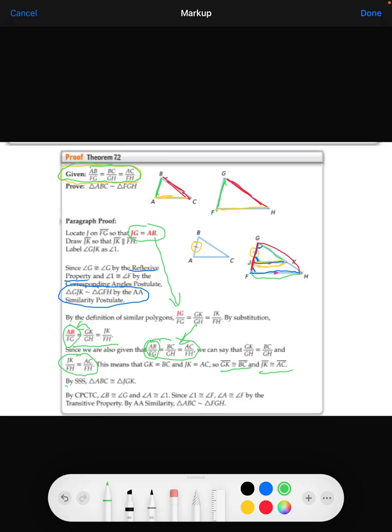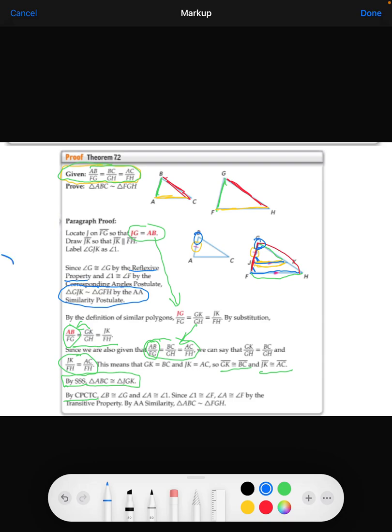So by our side-side-side theorem, we can say that these two triangles, ABC and JGK, are going to be congruent to each other. And then by CPCTC, or corresponding parts of congruent triangles, we can say that angle B equals angle G. So this angle here equals that angle there.